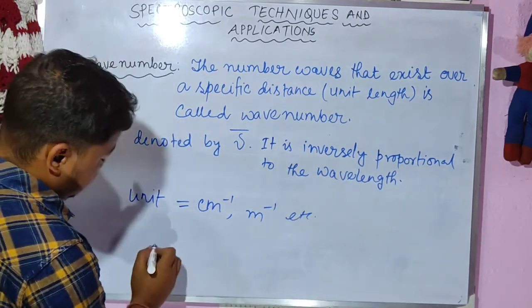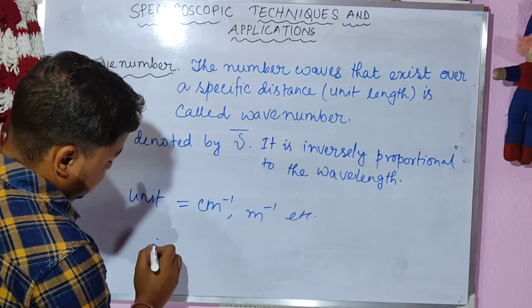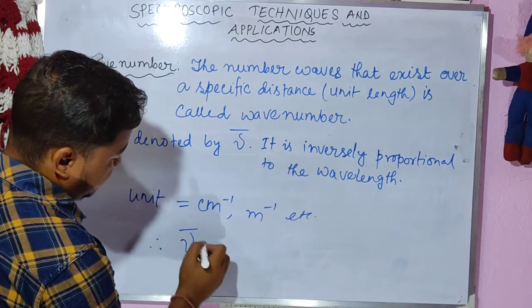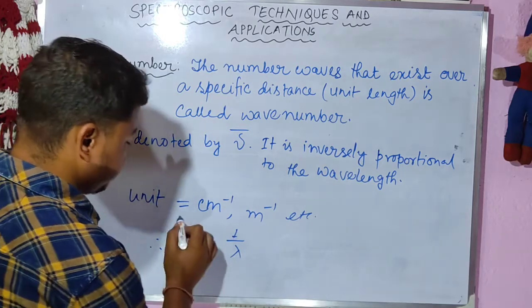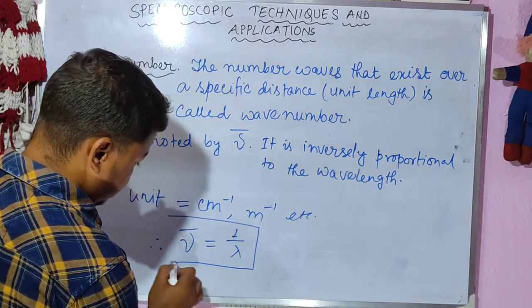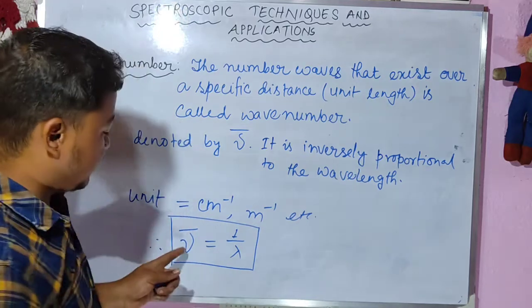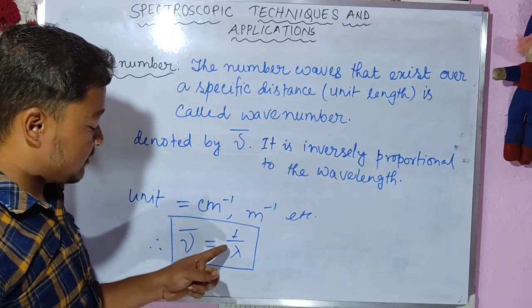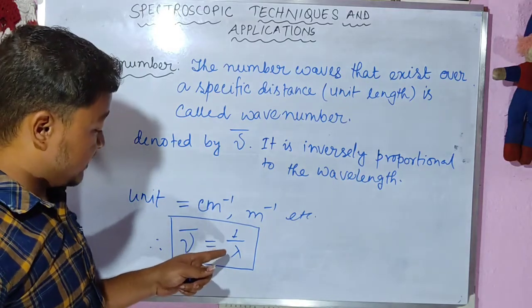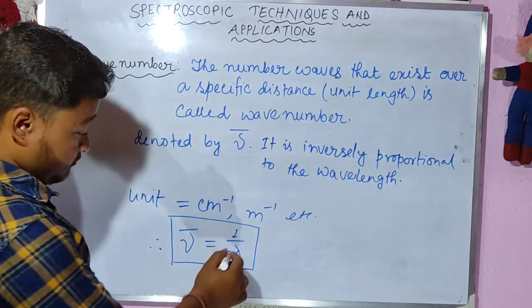And therefore nu bar equals 1 by lambda. Nu bar, that is wave number, is inversely proportional to the wavelength, that is 1 by lambda.